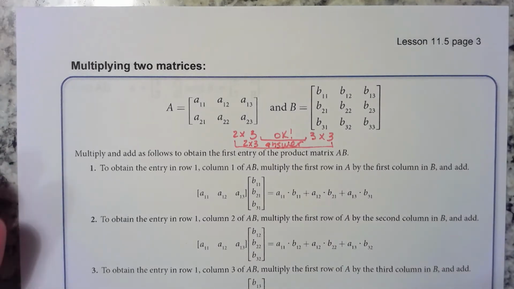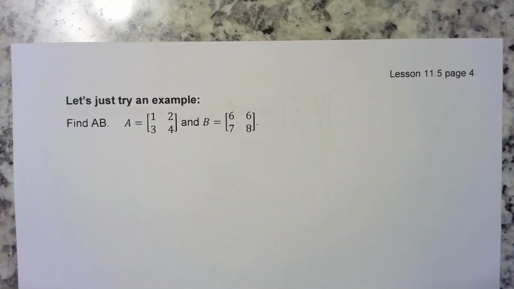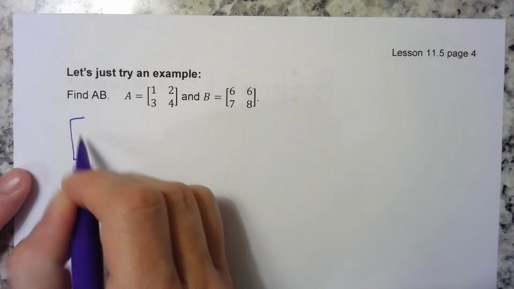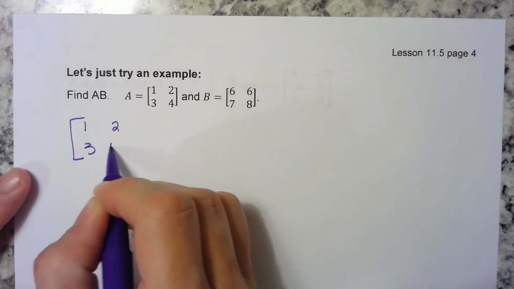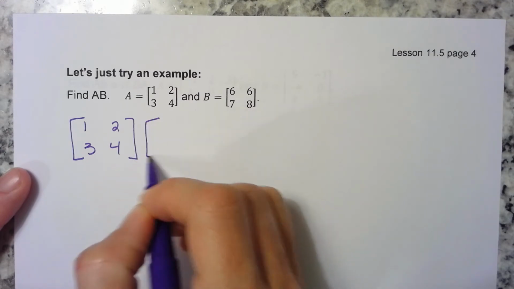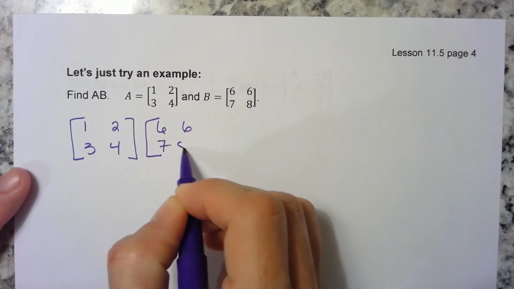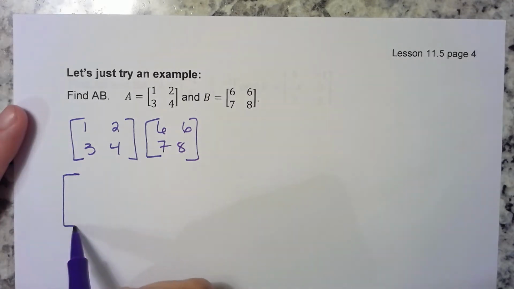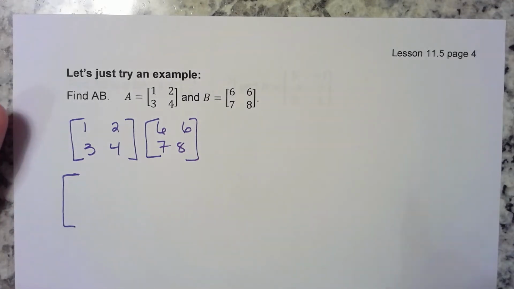Okay, so let's see how all of this works. We want to multiply A times B. I want to write out this entire step. At some point, it's okay to leave out this step. I have no problem with that.